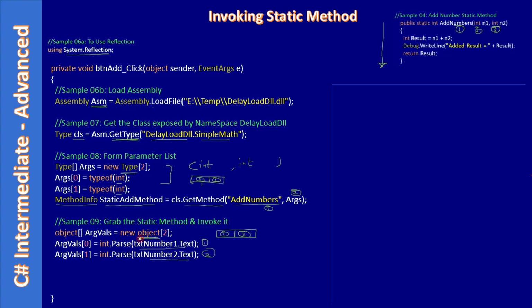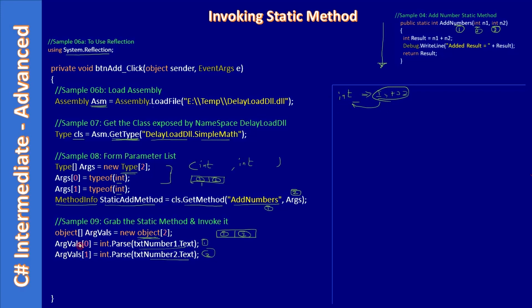Since it's an object array, it will hold the integer value, and here actually a boxing will happen. Boxing and unboxing I can cover quickly. Integer is a primitive type, and using it as an object is called boxing, primitive to object type. Unboxing is from object type to integer.